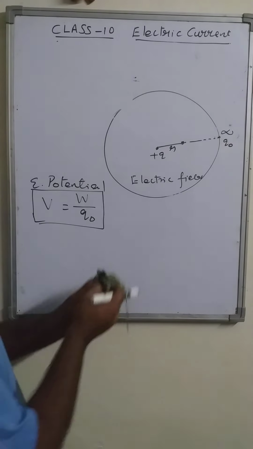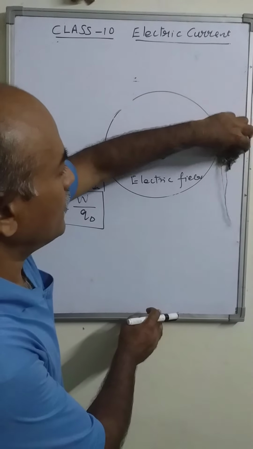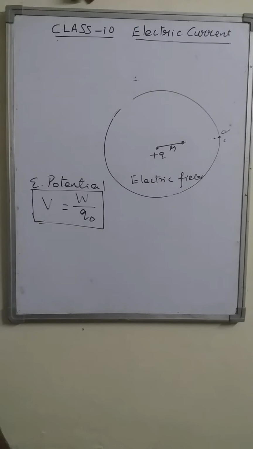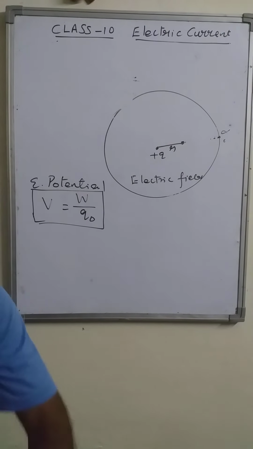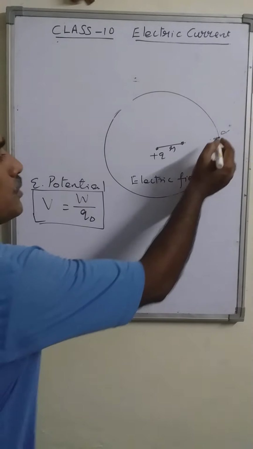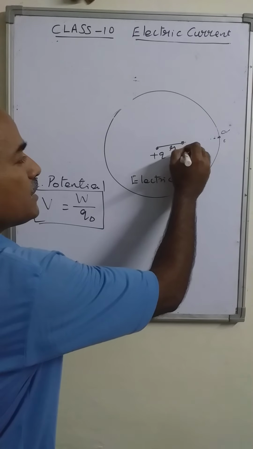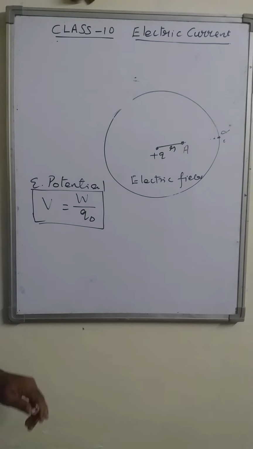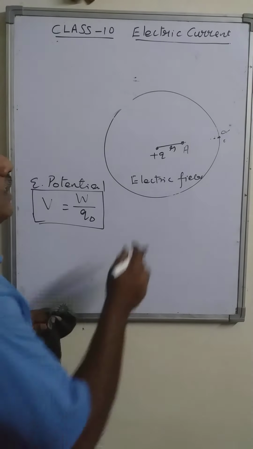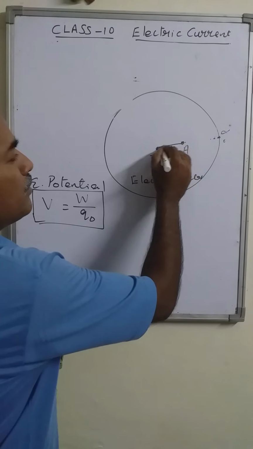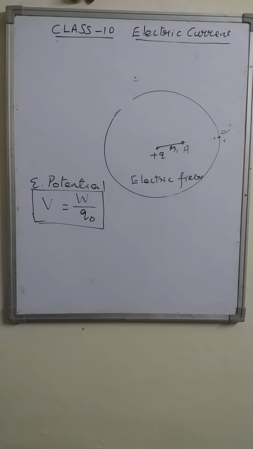Suppose in the first case, the test charge is brought from infinity to this point. Let us take this point as A. It is at a distance of R1 from Q.